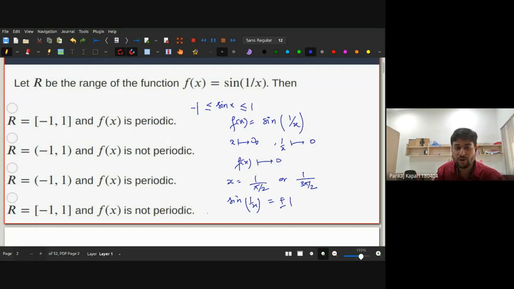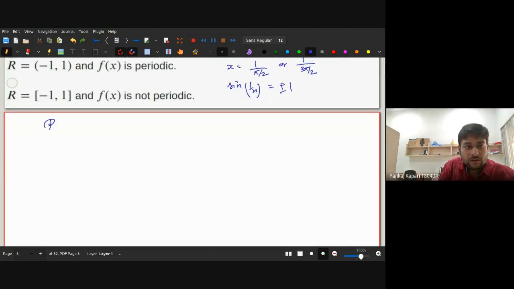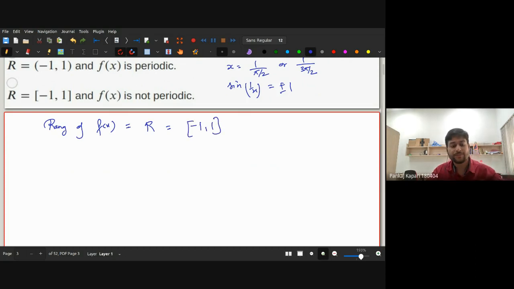That means the endpoints are attained, right? So the range of the function must be from -1 to +1.